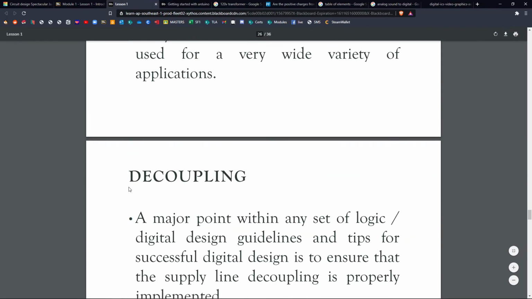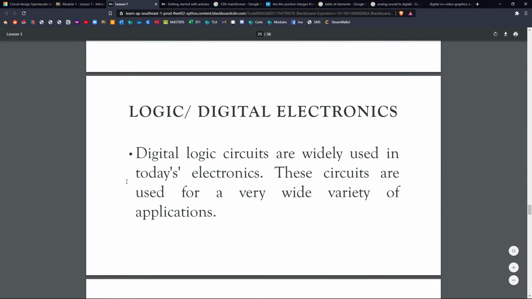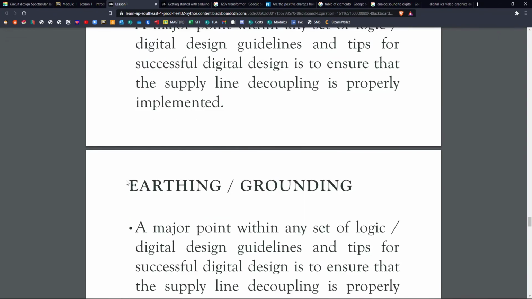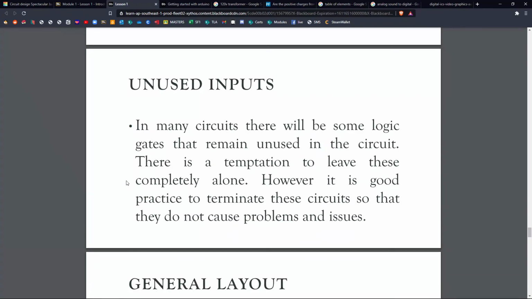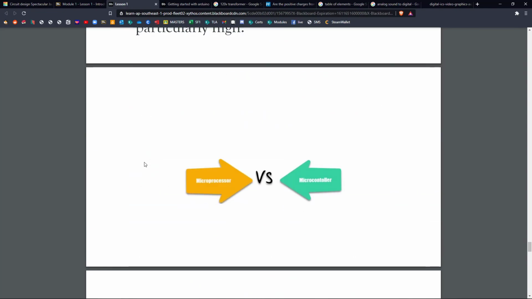So, going back, hindi kasi siya na-mention dito. So, decoupling, a major point in any set of logic design guidelines. Okay, unimportant. In many circuits, there will be some logic gates that remain unused. Important.